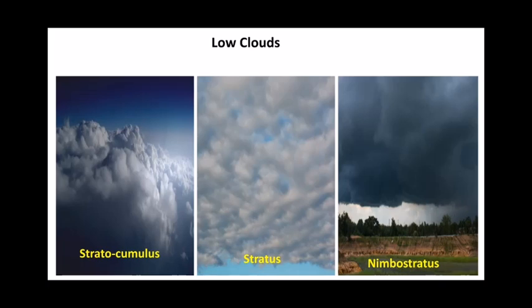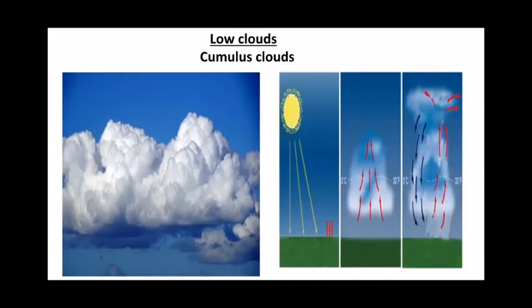Now in the low clouds there are cumulus clouds as well. These clouds are formed extensively from 500 meters to 6000 meters altitude, that is the height. The vertical flow of the air adds to the formation of these clouds.